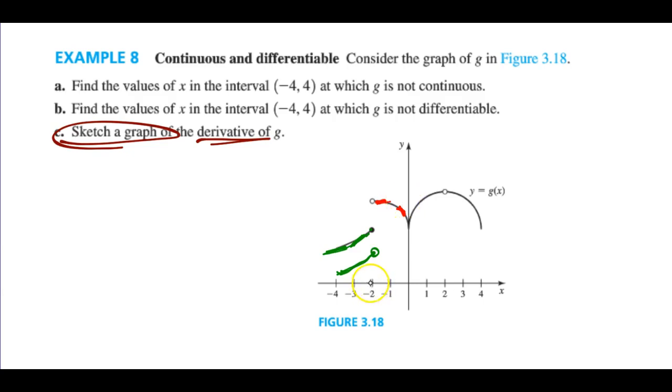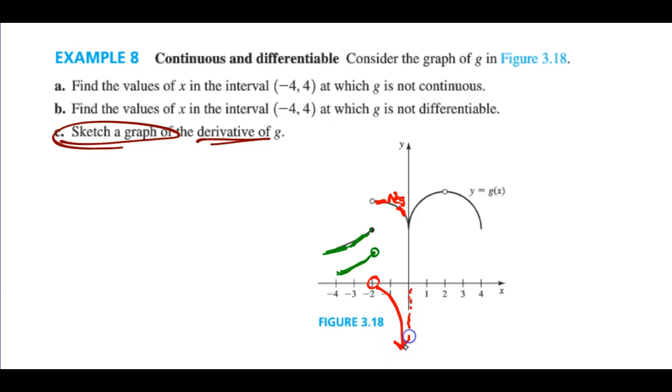So I'll start at 0 again. I'll put an open dot, and it gets steep, like in a negative slope. So not only is this function decreasing, but the slope is negative, and it gets really steep, like going to infinity. So maybe there's even an asymptote here.